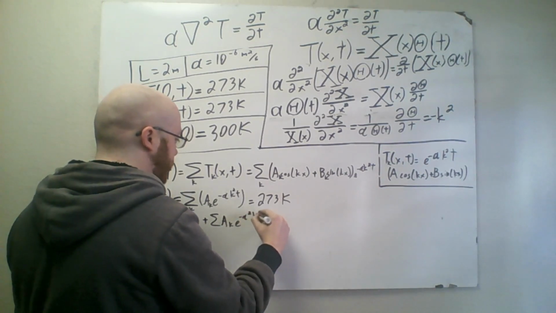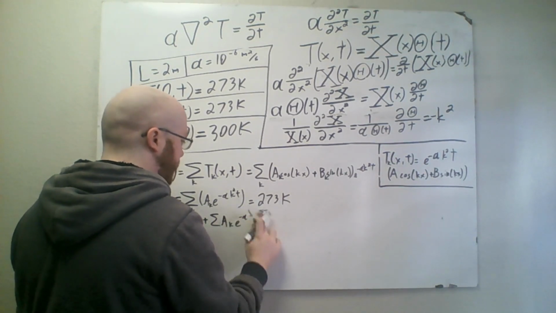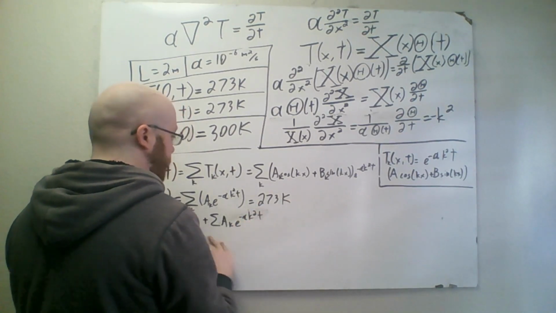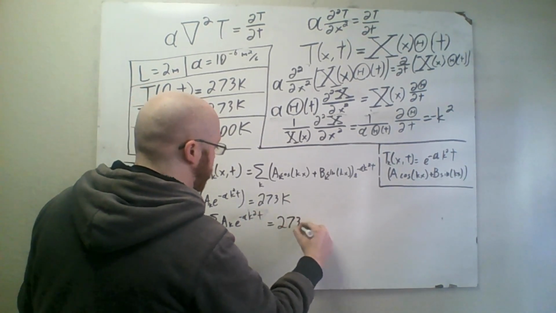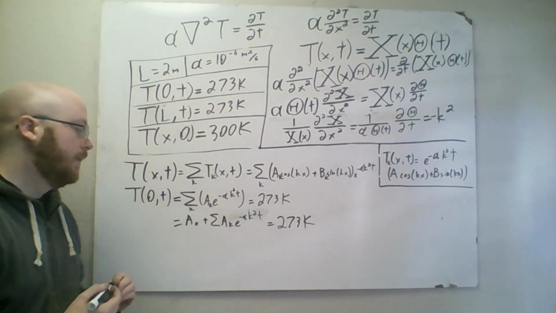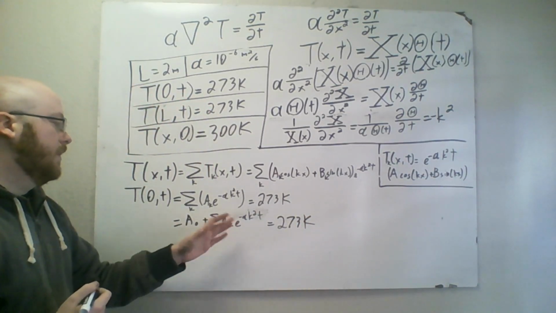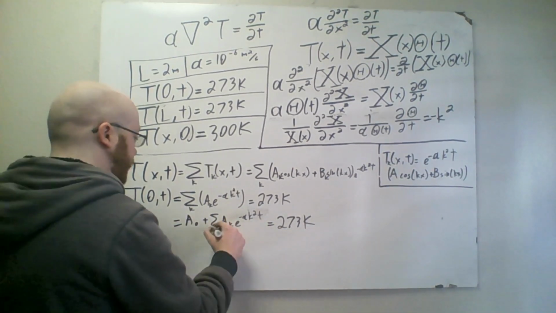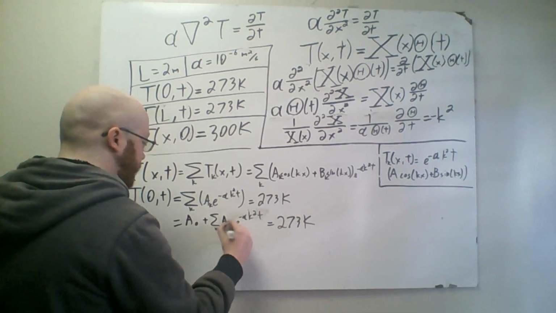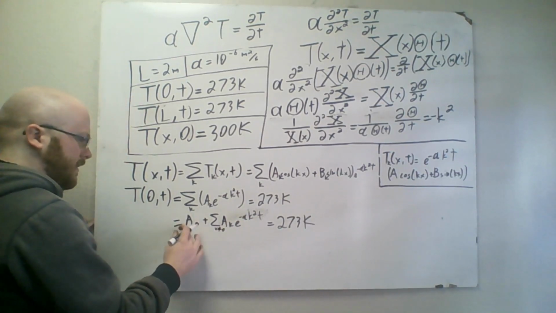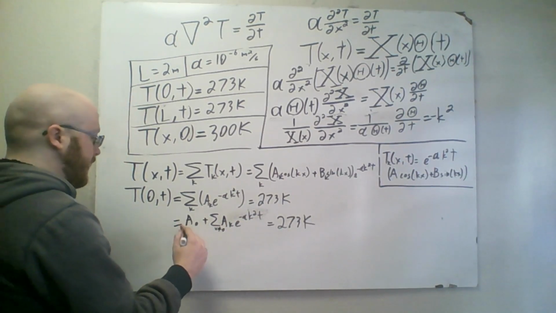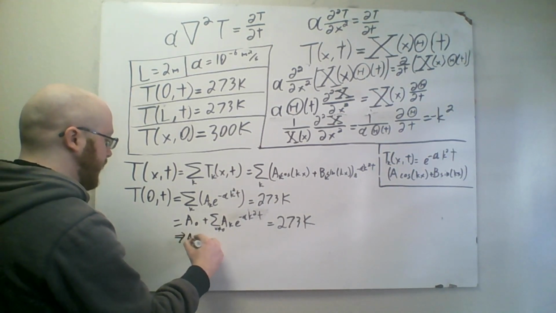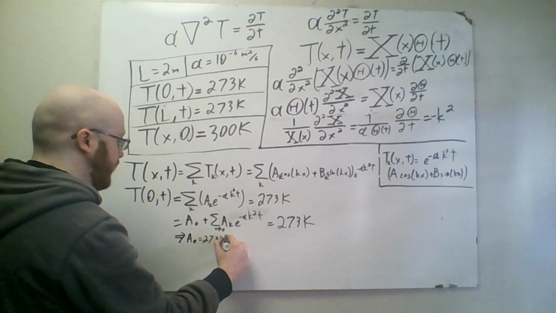Alpha k squared t. Oh my god, am I gonna keep doing that? Squared t. Right, it's 273 Kelvin. Okay, so now if we plug in t equals 0, we can see that A0 has to be 273 Kelvin. So put k not equal 0. So in this case, this implies that A0 equals 273 Kelvin.